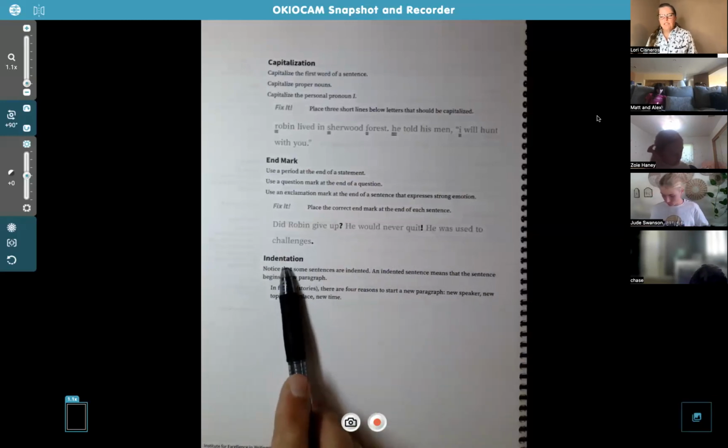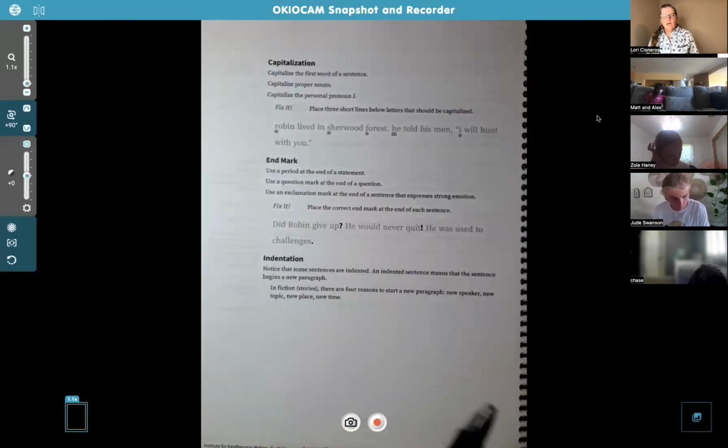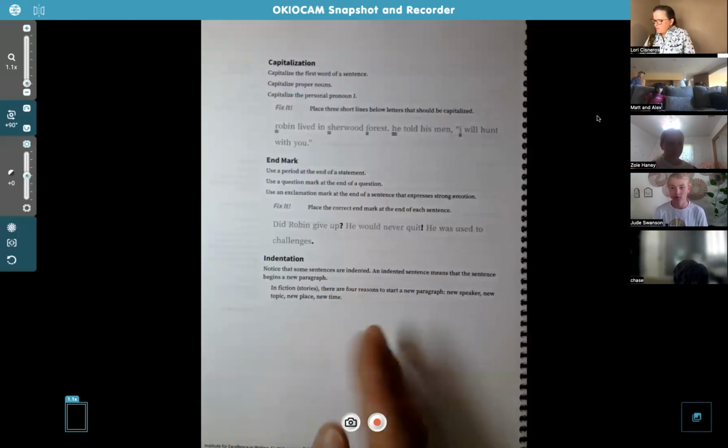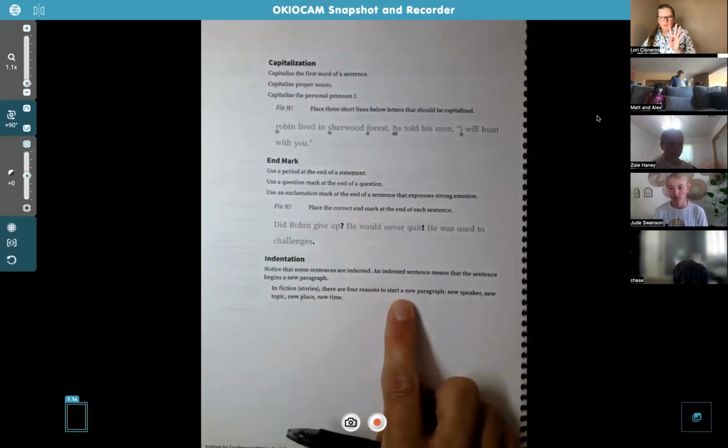And then indentation. Who can tell me when do we indent? When is a good time to indent? Zoe. You can indent when you're starting a paragraph. Yep, that's exactly right. When you start a paragraph there's a bigger space at the beginning, that's called an indentation. And there's a couple of reasons why you do that. There's 4 actually.